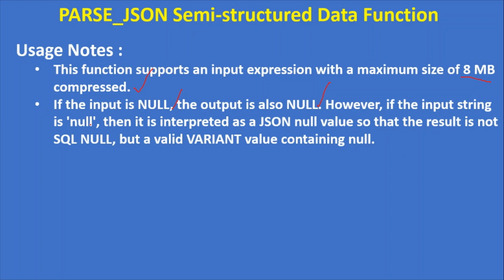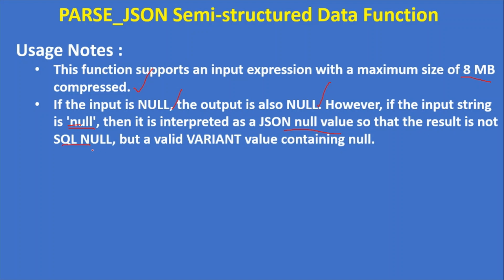However, if the input string is, suppose, 'null' within single quotes, that means it is a string, then it is interpreted as a JSON null value. So that is considered a JSON null value, and the result is not a SQL null.